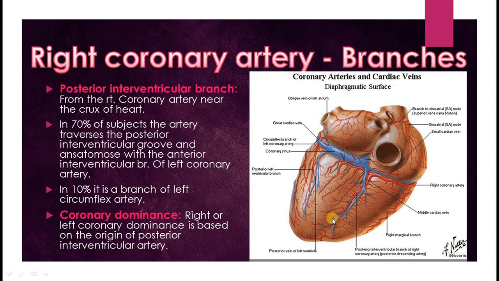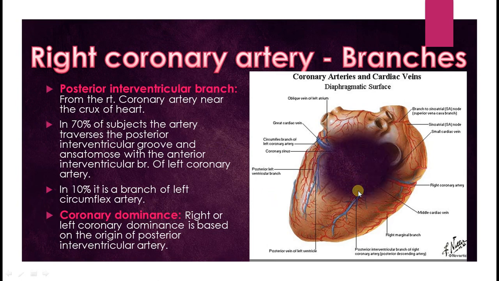In 10% of the cases it is left coronary dominance, because the posterior interventricular artery is given by the circumflex branch of the left coronary artery, or the left circumflex artery. Those subjects are left coronary dominant, but usually it is right coronary dominance.